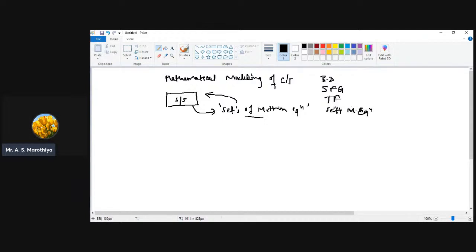But ultimately, the overall objective is, through each and every representation we are trying to define the behavior of the system. In the same way, in case of mathematical modeling, again we are trying to represent the behavior of a system, maybe static or maybe dynamic, through these sets of mathematical equations. So that process is called mathematical modeling.